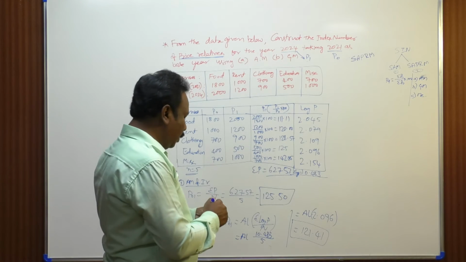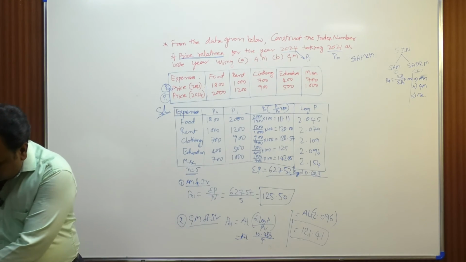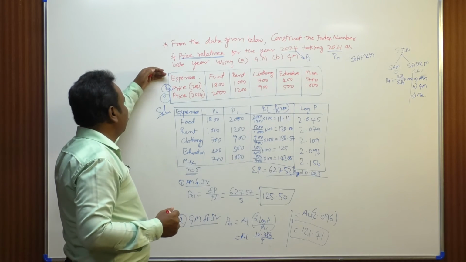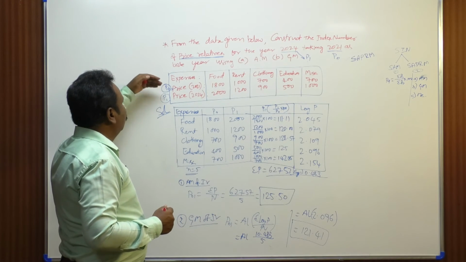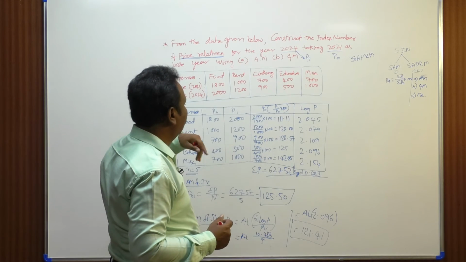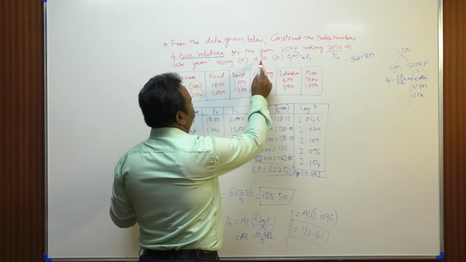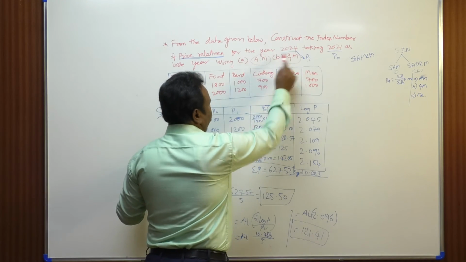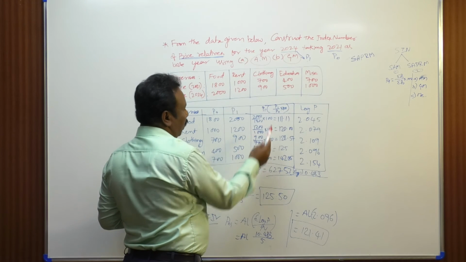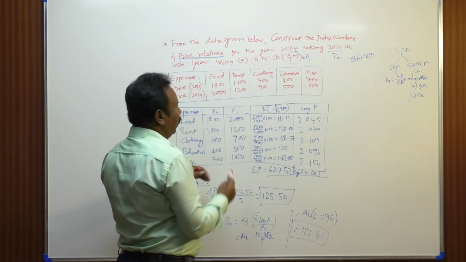See, here expenses are given, prices are given, so base year price and current year price. With various fluctuations, we have to construct the index value for the arithmetic mean and the geometric mean. For the arithmetic mean, we have to calculate P, that is sigma P is 627.57. How do we get it?